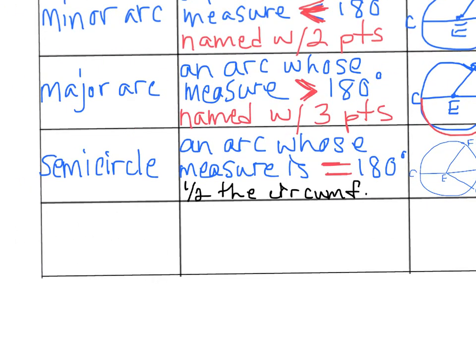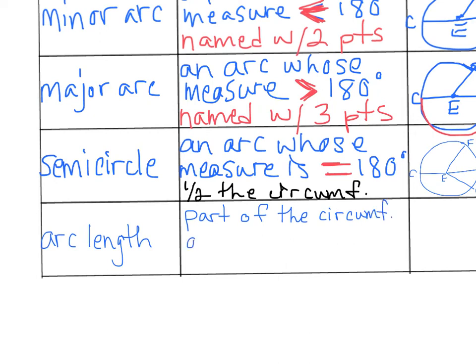The last term we need for this video is arc length, and this is really important to make a distinction between arc length, which we're going to deal with in this section, and arc measure. They're 2 different things. Arc length is if we were talking about taking a part of the circumference of the circle and if we wanted to measure it, it's like straightening it out.